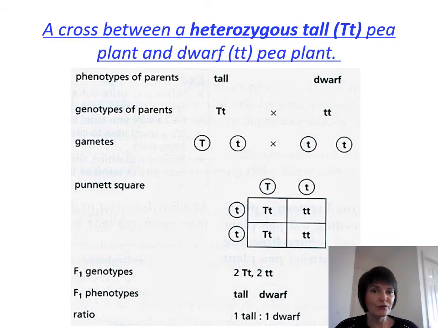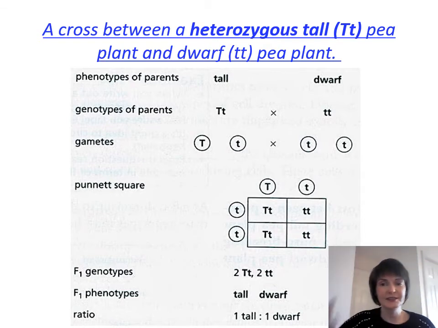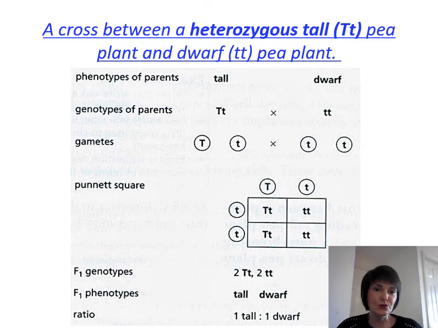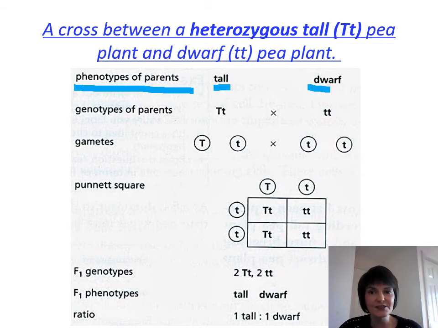And what we've got here is a cross between a heterozygous tall pea plant and a dwarf pea plant. Okay, so again, phenotypes of parents. So always start with the question, what's it telling us? So we've got a tall one and we've got a dwarf one.